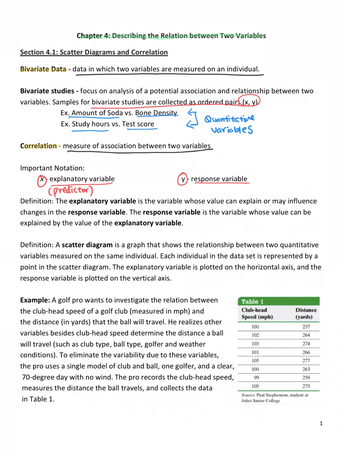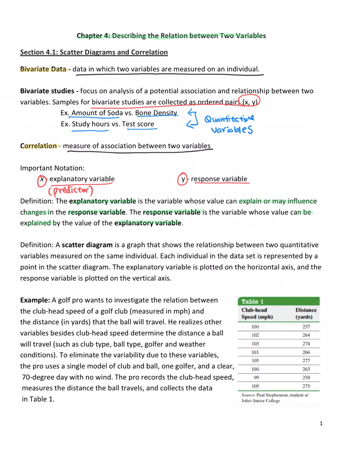So what is an explanatory variable? Well, it is the variable whose value can explain or may influence changes in the response variable. And the response variable is the variable whose value can be explained by the value of the explanatory variable.